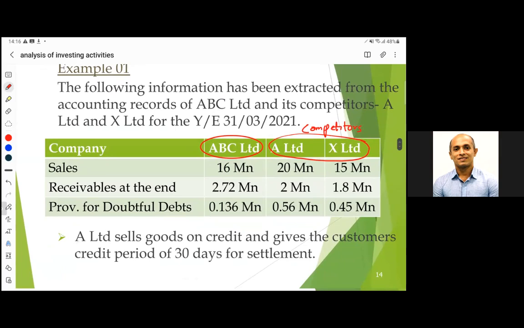ABC Limited sells goods on credit and gives customers a credit period of 30 days for settlement. One of your competitors also sells goods on credit and gives 30 days for settlement.